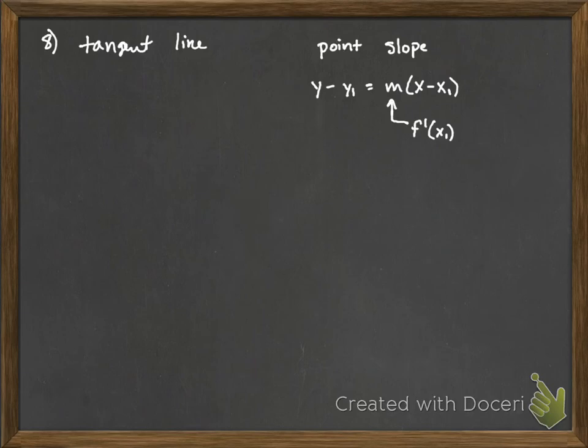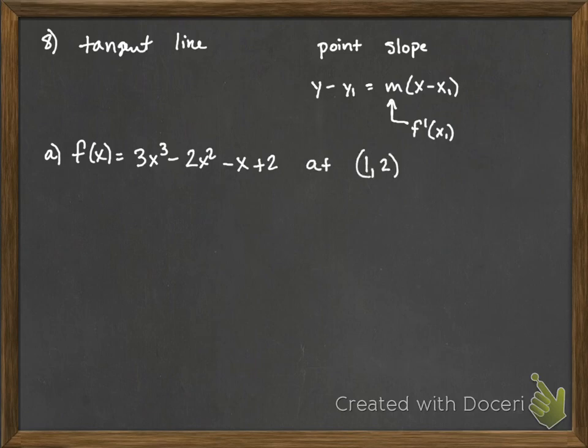Okay, so let's go through and look at how we could do this one for 8. So if you look at part A on number 8, we have that f of x is equal to 3x to the third minus 2x squared minus x plus 2 at 1, 2. So what we need to do first is think about our point slope over here.